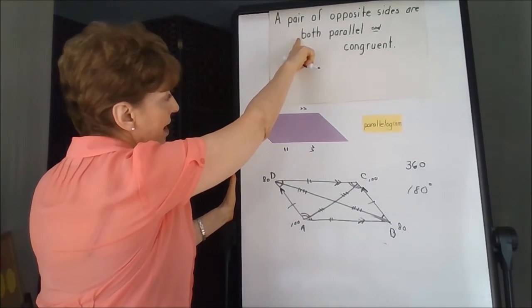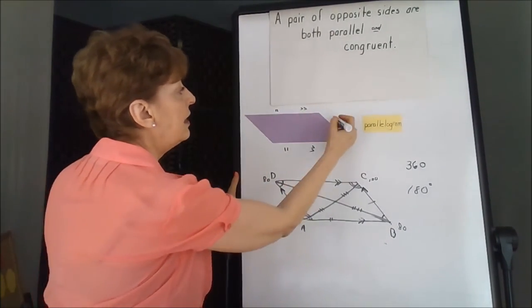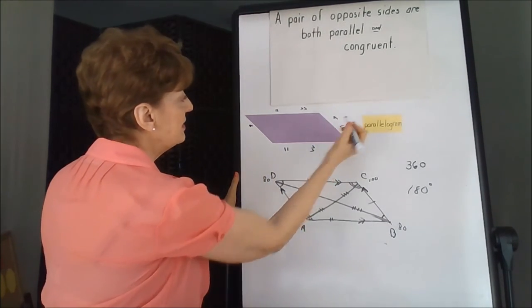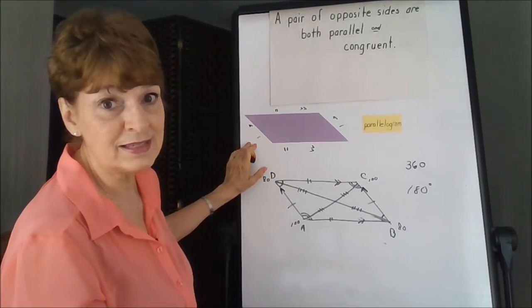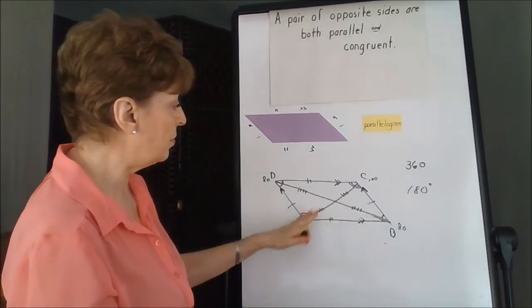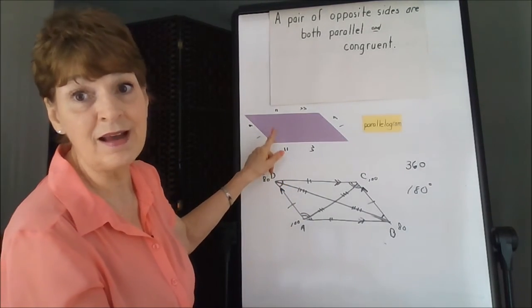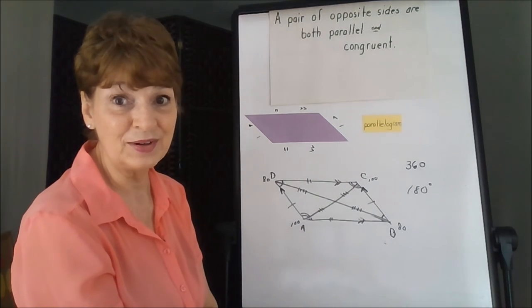If I can get a pair of opposite sides, these are opposite sides, if I can get this one to be parallel to this and this to be the same measure as that, I know that I could call this a parallelogram without having to worry about diagonals or consecutive. This would simply be enough information to be able to call that a parallelogram.